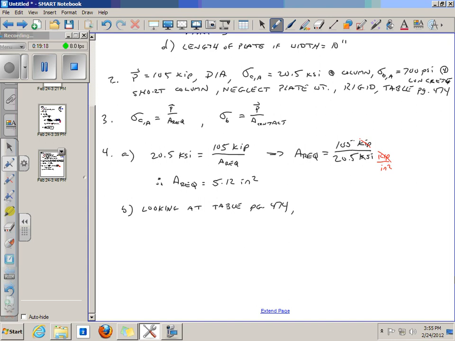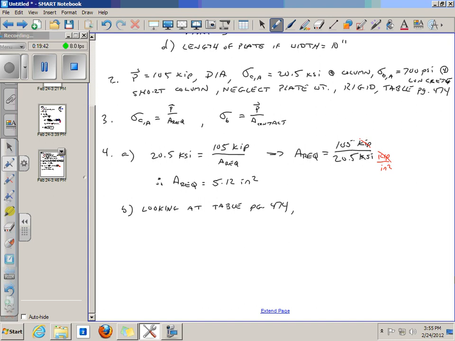It's pipe dimensions and properties in U.S. customary units. Now we found out that our pipe, the column, has to have an area of 5.12 inches squared. That's the required or minimum area. So when I look at this table, I want to look at the first, second, third, fourth, fifth, sixth column, what the actual area is in square inches.